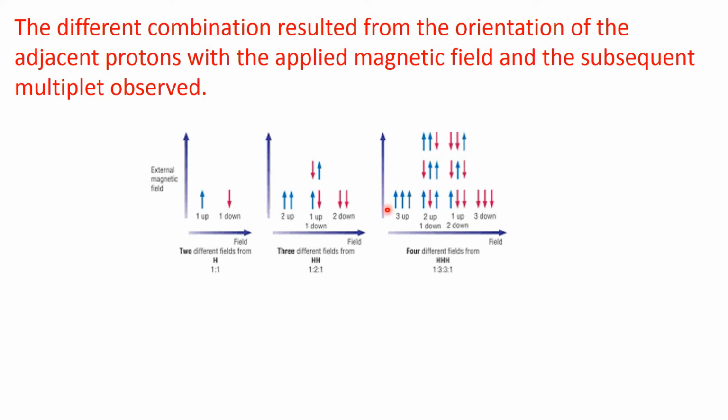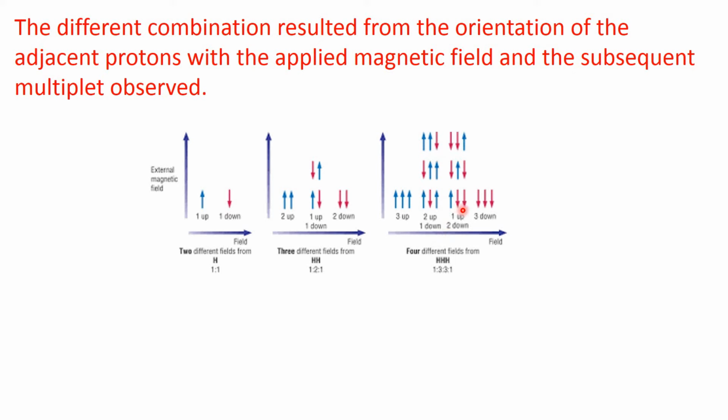Now, if there are three neighboring protons around a particular proton, then four different fields will arise. How? All three protons are aligned with the applied magnetic field. Another combination is two aligned and one opposing.